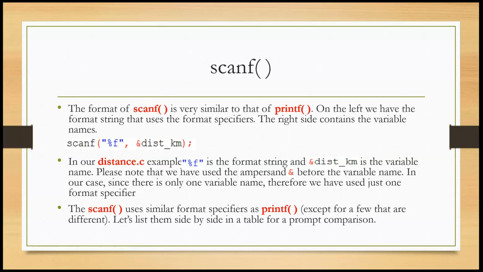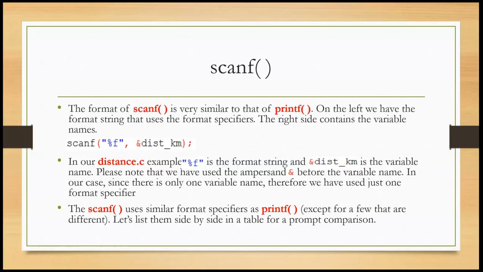In our distance.c example, %f in double quotes is the format string and &dist_km is the variable name. Please note that we have used the ampersand before the variable name. In our case, since there is only one variable name, we have used only one format specifier.